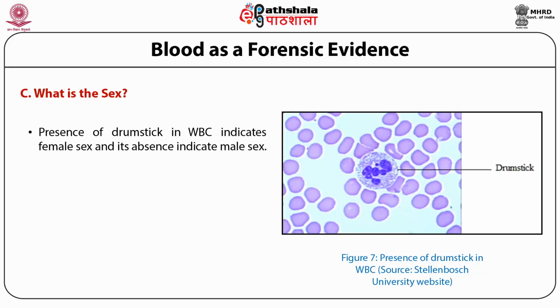So the presence or absence of the drumstick acts as a marker for determining sex. If the drumstick is absent or not present at all, we can say it belongs to a male.